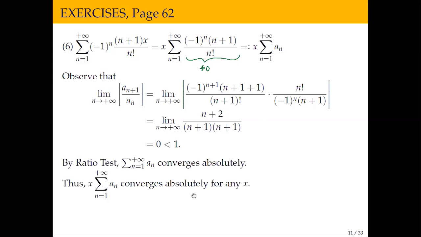So, in other words, this infinite series converges for any real number x. If that is the case, then your radius of convergence must be infinity, and your interval of convergence must be the real number line. So this is your answer for number 6.